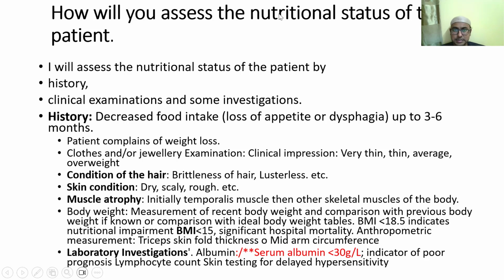So how will you assess the nutritional status in this case? I will assess the nutritional status of the patient by history, clinical examination, and some investigations.